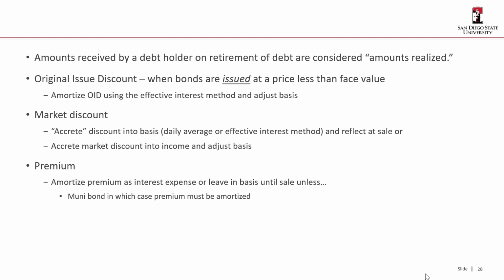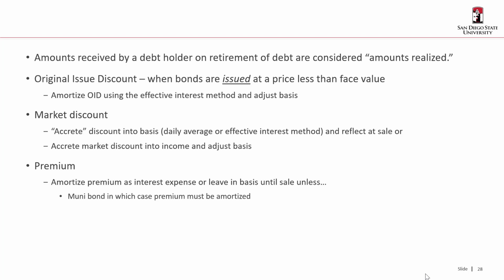We can contrast that with market discount. Market discount occurs when an investor buys a bond on the secondary market. So it's already been issued, someone else has bought it, and now someone else is buying it. There's been a shift in interest rates. And so suddenly the interest rate that this particular bond is paying has fallen out of favor. And so as a result, the next buyer doesn't want to pay as much as the previous buyer did, or certainly its face value.